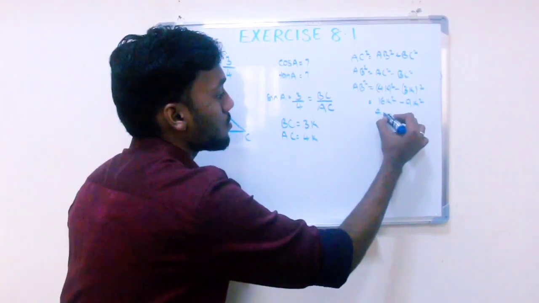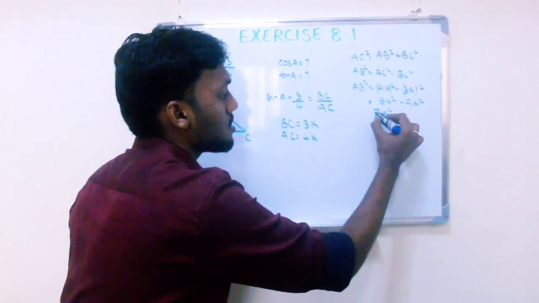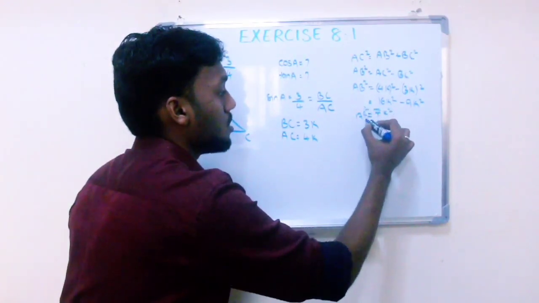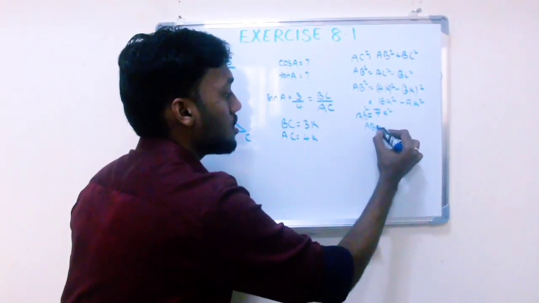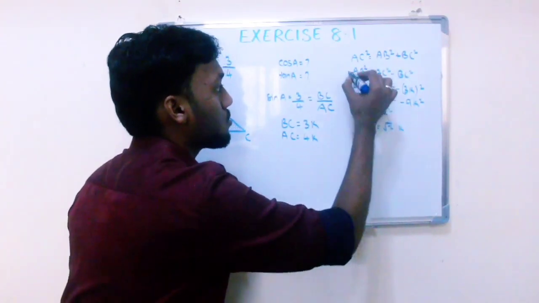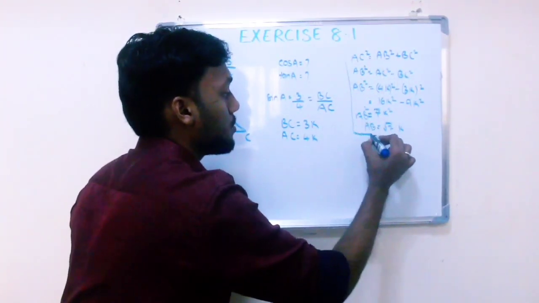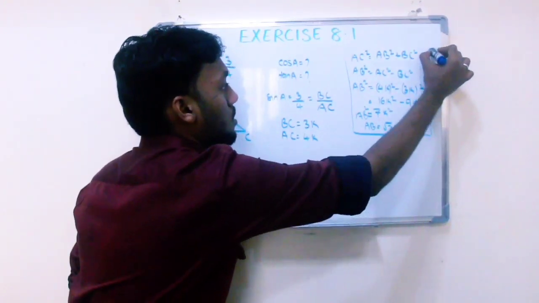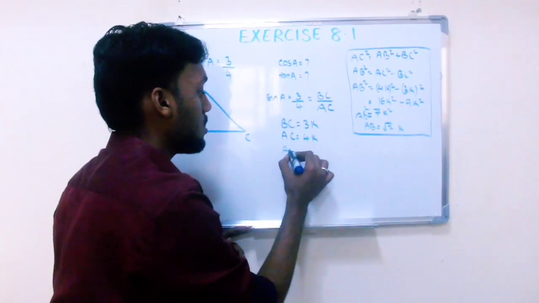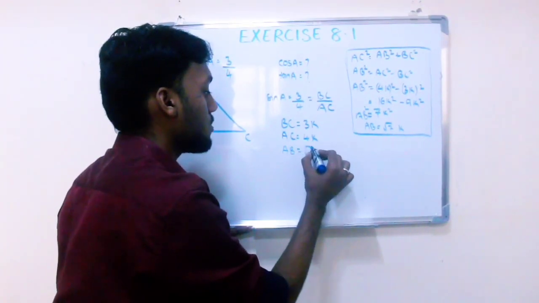So 7K square. Is 7 a perfect square? No. So we can write AB as root 7K on taking the square root. And we have AB is equal to root 7K.